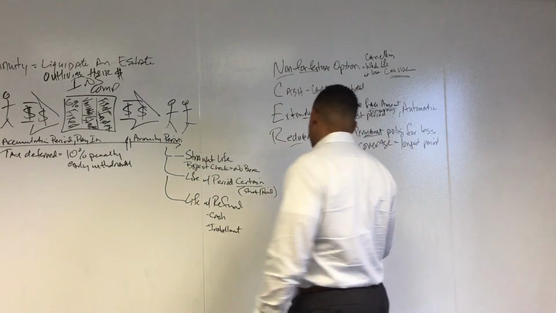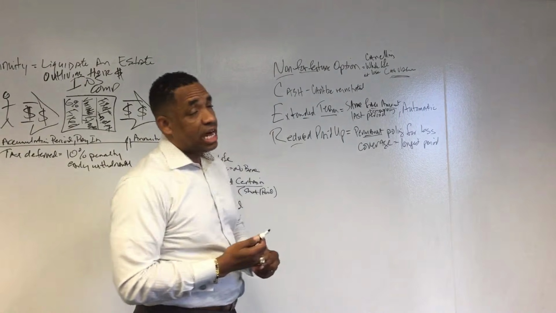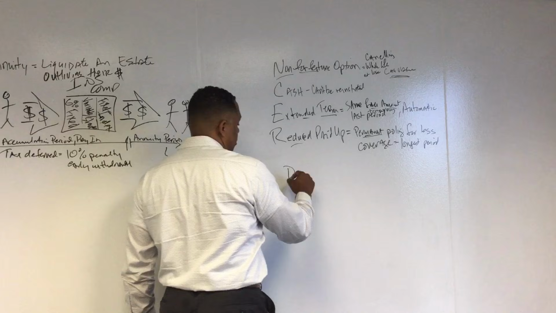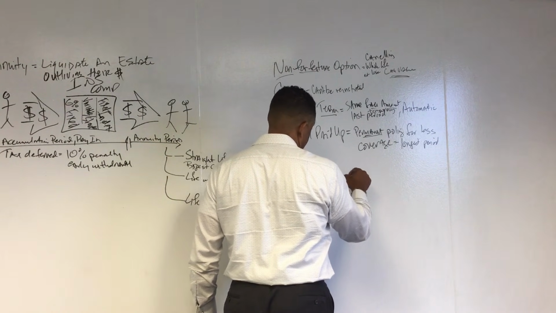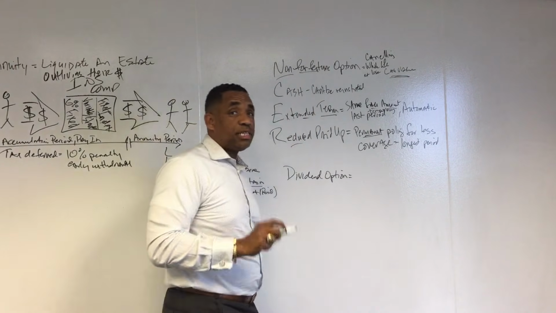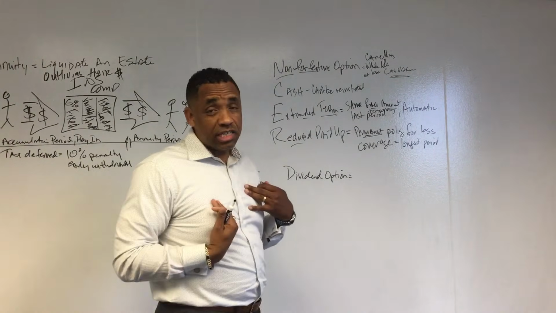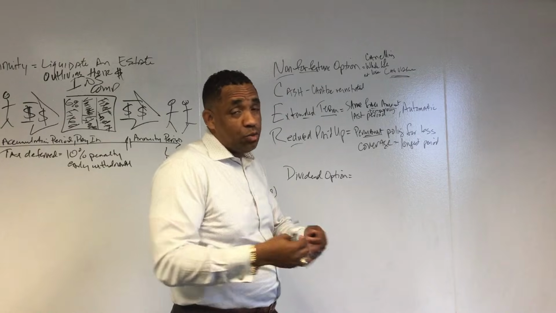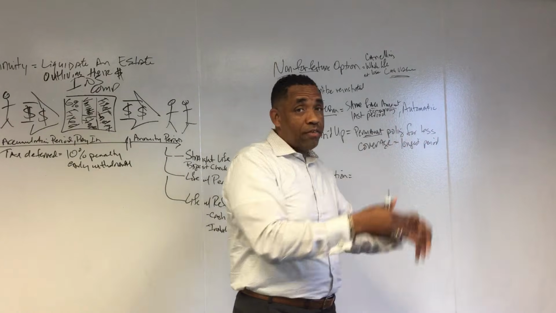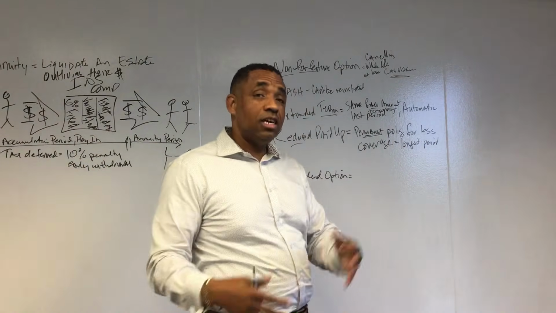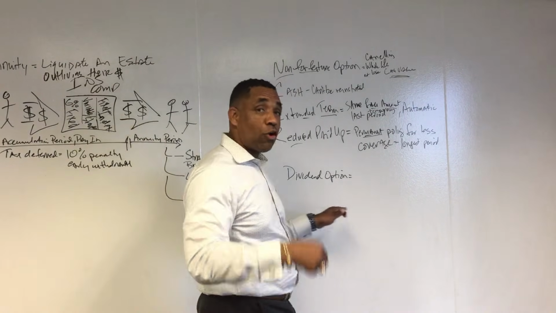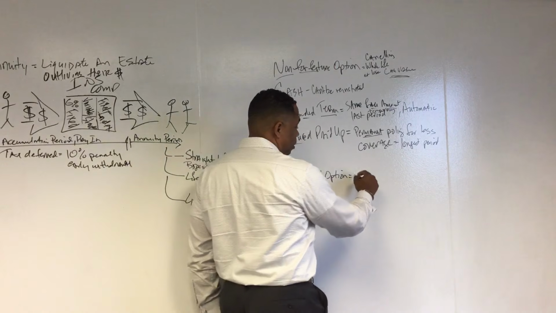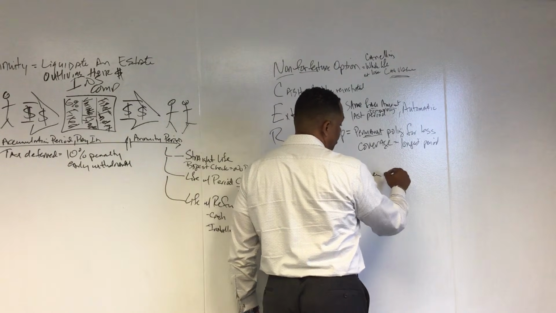The next one is the dividend options. Insurance companies just make up stuff, because for those of us that got a securities license, a dividend is when a publicly traded company takes the profits and splits it between the shareholders. Insurance companies just make up their own definition of a dividend and say they're going to overcharge you and they're going to return your unused premium.